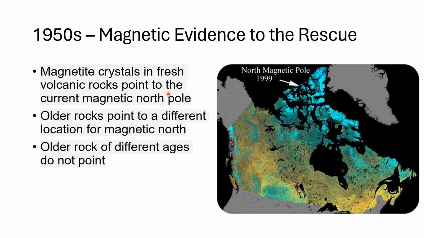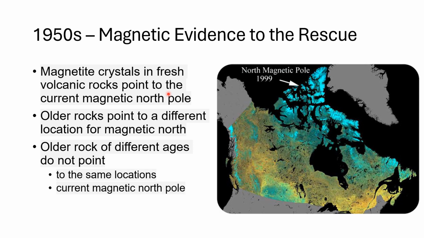And as they began to map all the rock types and aging them, they began to see that rocks of different ages don't point to the same locations or the current magnetic pole. Something's up. You've got rocks pointing in different directions.